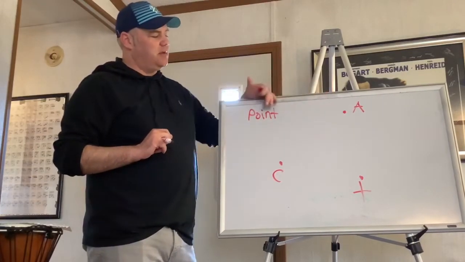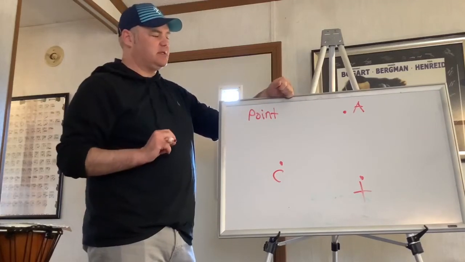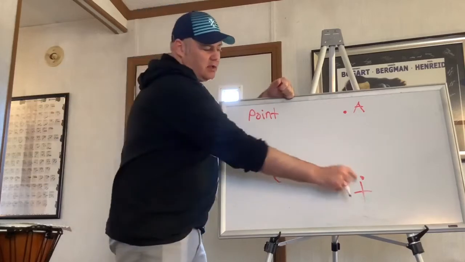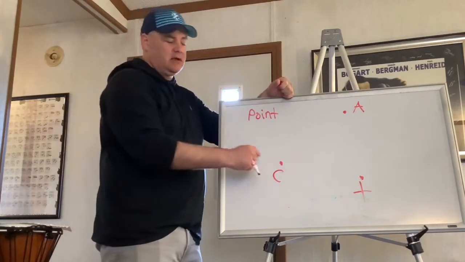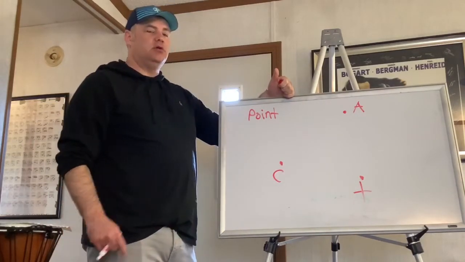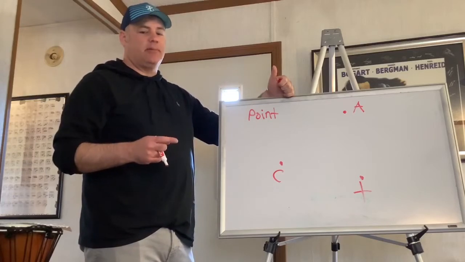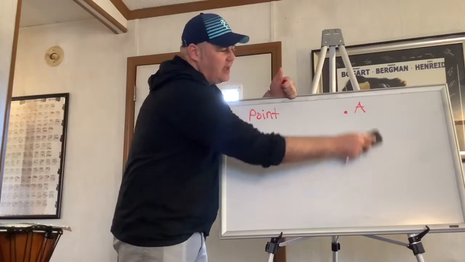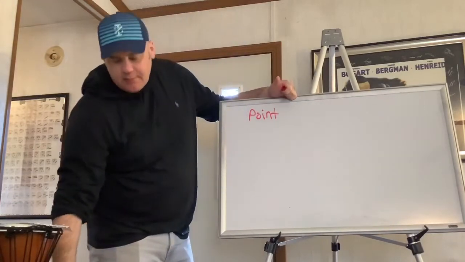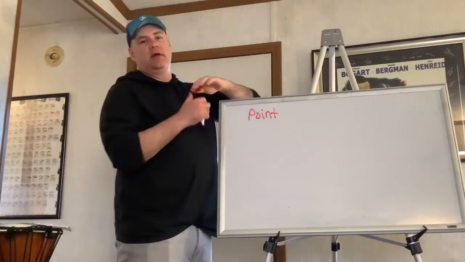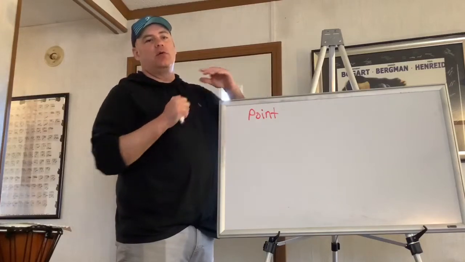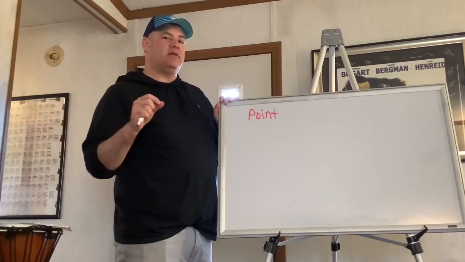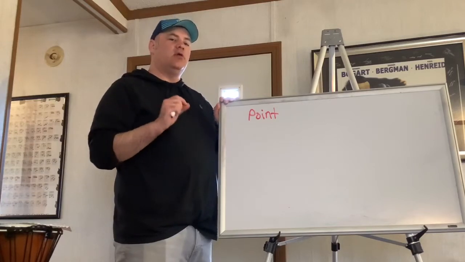So these three points are out in space. Now if I say find point X on the board, then you know I'm talking about that point right there. Or point C, I'm talking about that. So when you label a point, you just use a capital letter. The reason it's capital is that in math we use letters in algebraic problems as variables, like 3x plus 7 plus 2x squared, and those are lowercase.